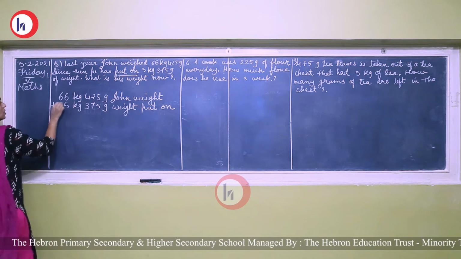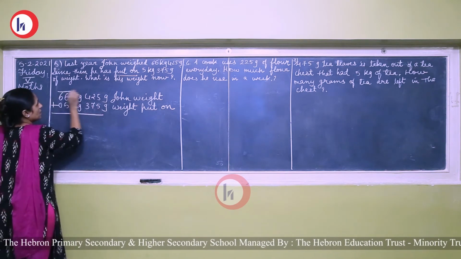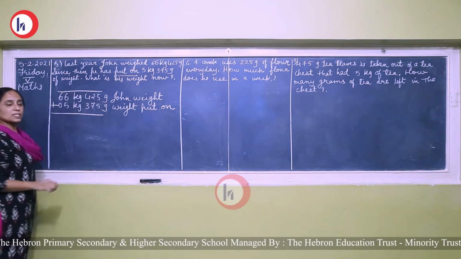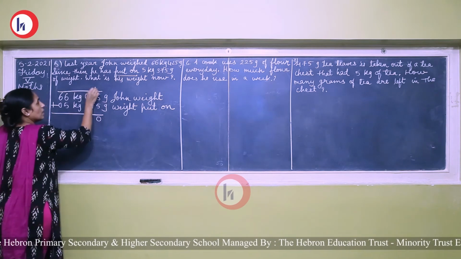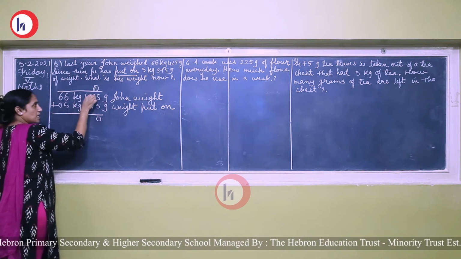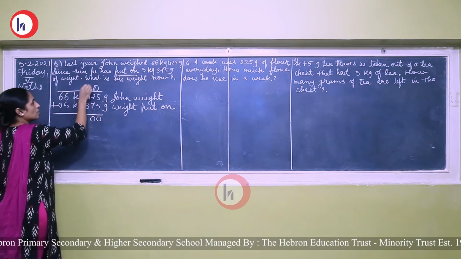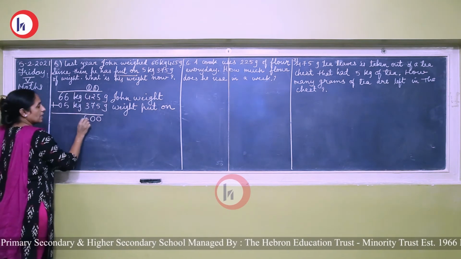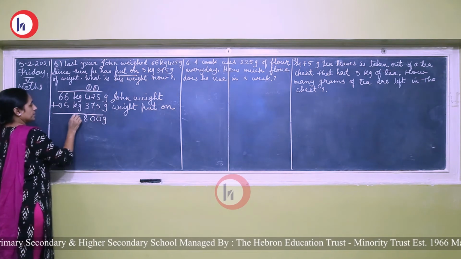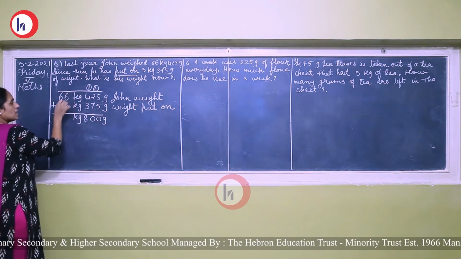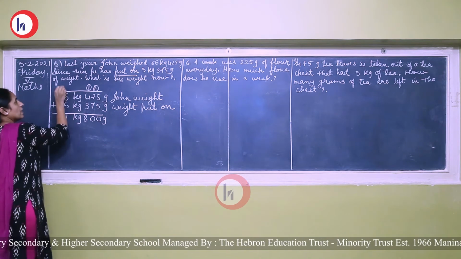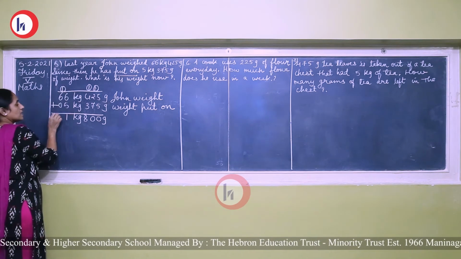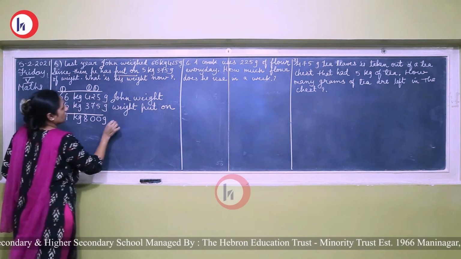Empty place put 0 always. Make a line. Okay, 5 plus 5, 10. 0 down, 1 up. 7 plus 2, 9 plus 1, 10. 0 down, 1 up. 1 plus 4, 5. 5 plus 3, 8. Now 6 plus 5, 11. 1 down, 1 up. 1 plus 6, 7.